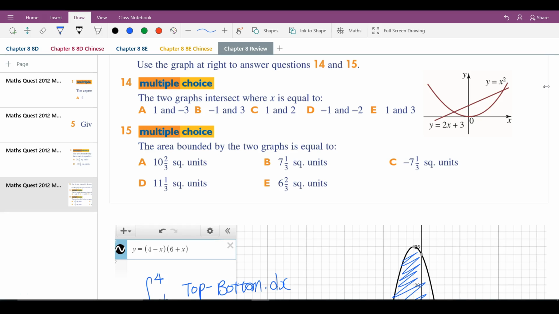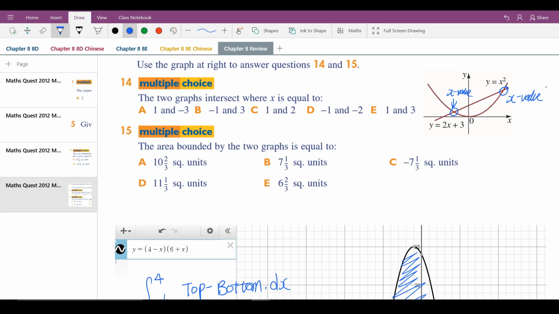Okay, question 14 is a multiple choice. The two graphs intersect where x is equal to... we're trying to find where they intersect, this point's x value and that point's x value. We've got the two equations, one linear and one quadratic.